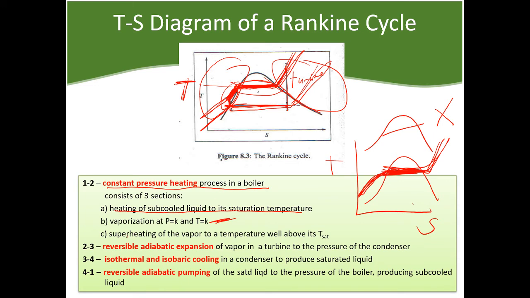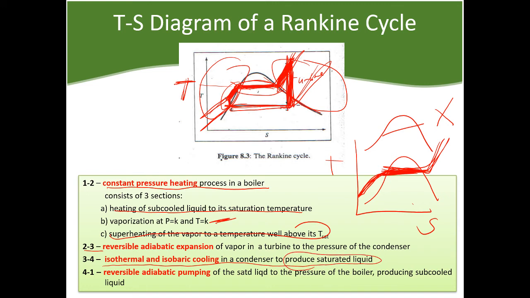The next is superheating of the vapor to a temperature above its T saturation. So, ito yung part na yon, yun yung superheating. Lumabas na siya ng saturated curve. And then, next is step 2 to 3, reversible adiabatic expansion. So, ito naman yon. Ito yon sa turbine. Mag-expand siya. Okay? Next is isothermal and isobaric cooling in a condenser to produce a saturated liquid.